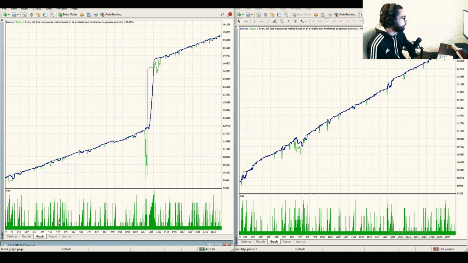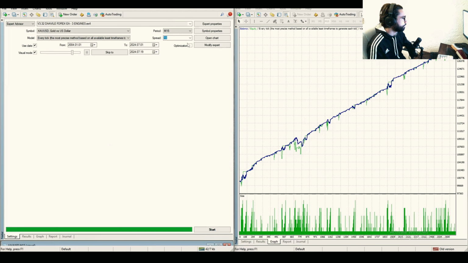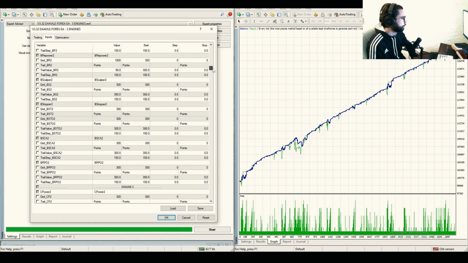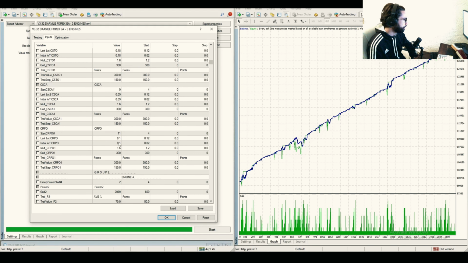So as you can see, 50% drawdown with, usually, for example, the 0.10. This 0.10 will actually be 0.01. We'll be starting with some 0.01, and very slow.